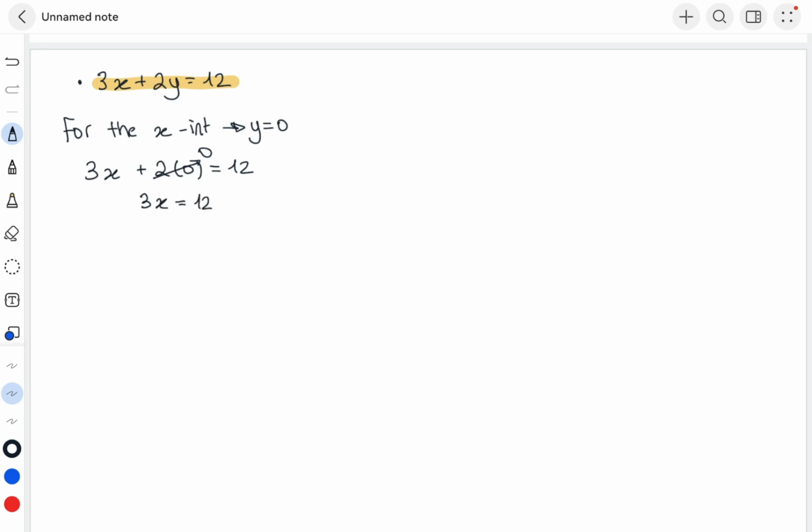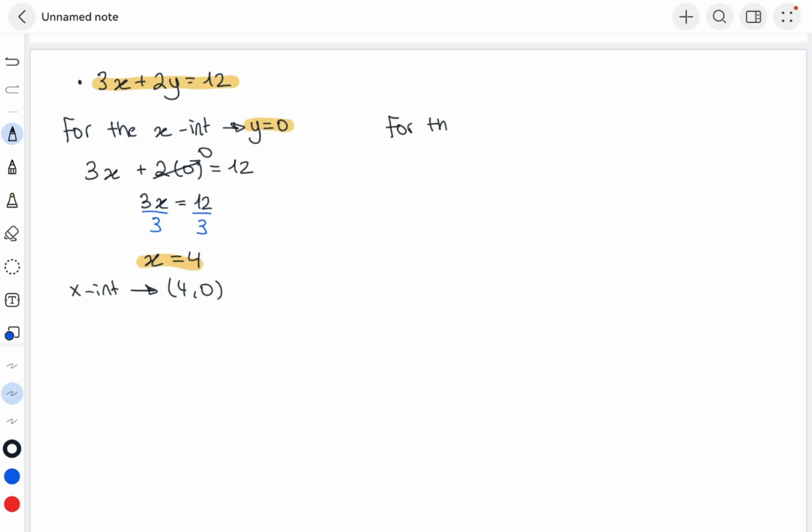And to get x by itself, we need to divide by 3. So we'll have x equal to 12 over 3, which is 4. This is our y value, and this is our x value. So our x-intercept will be (4, 0).